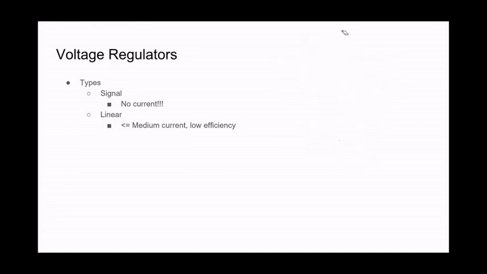These are what are called linear voltage regulators. They're good for a medium amount of current. The ones we sell here at the shop are good up to 1.5 amps. However, one thing you need to be aware of is all of that extra power. So let's say we're using this to convert 9 volts down to 5 volts. So let's use the LM7805.